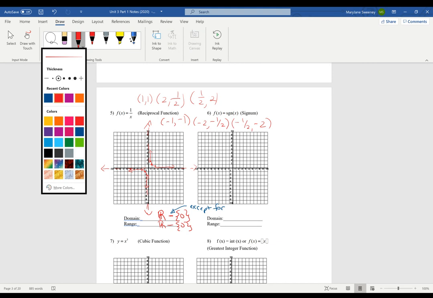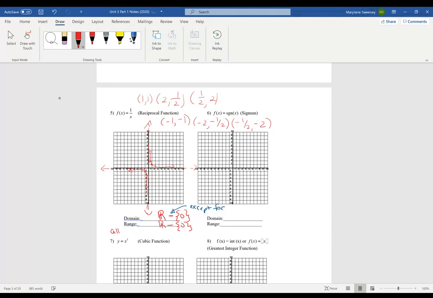I guess hard brackets would be fine there. But that's how we usually write it: all reals except for. Now, you could write the words out. You could say all reals except for 0. Or you could say -infinity to 0, union 0 to infinity. That's another way.